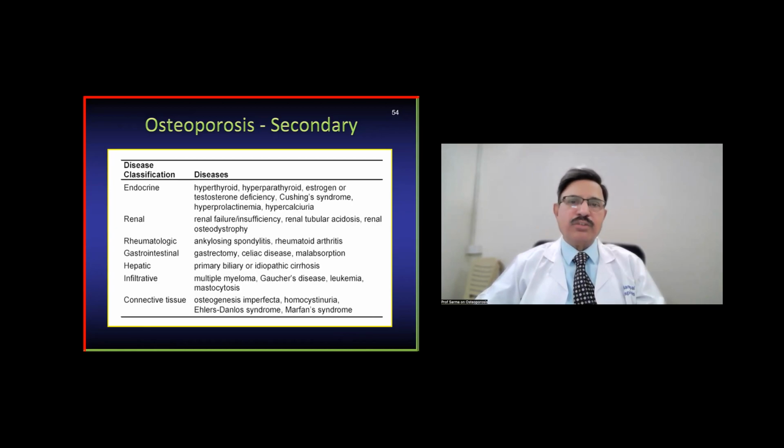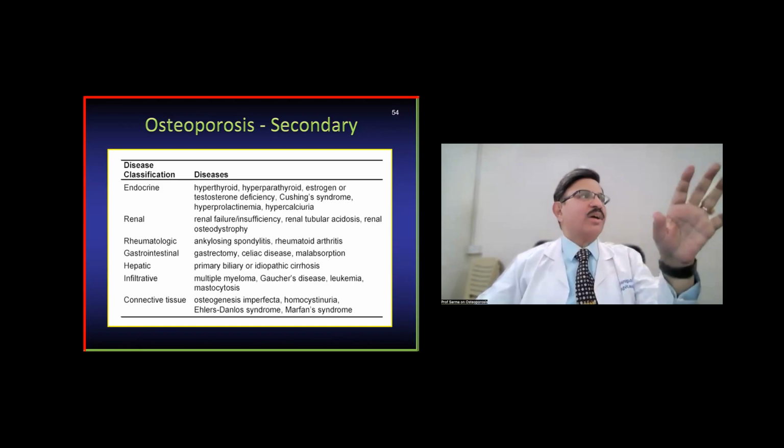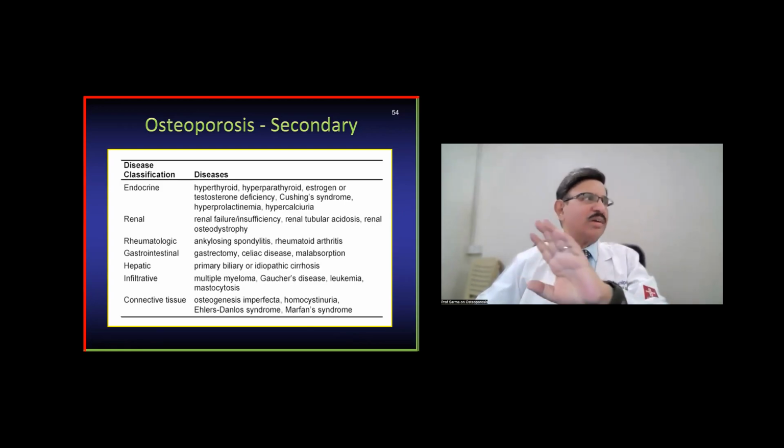These are some rare congenital disorders. Nevertheless, all these account for 10% of the osteoporosis. 90% of the osteoporosis is primary osteoporosis, senile and postmenopausal, maximum glucocorticoid. All others are for completion.